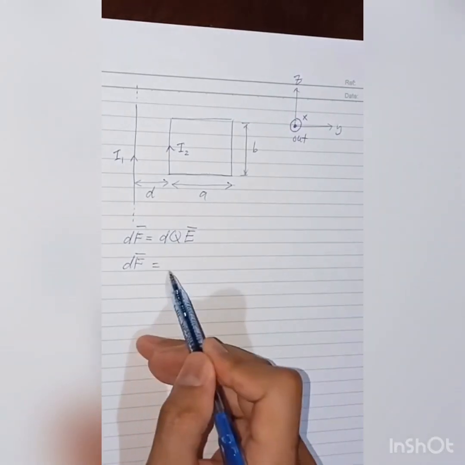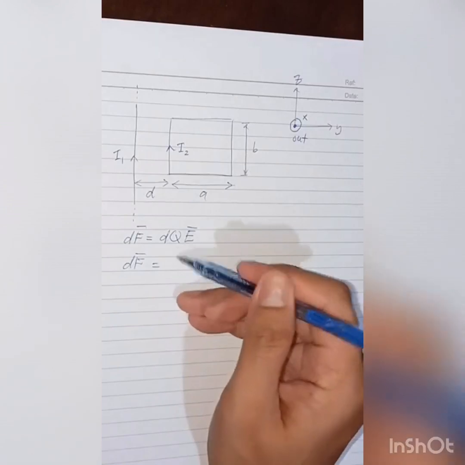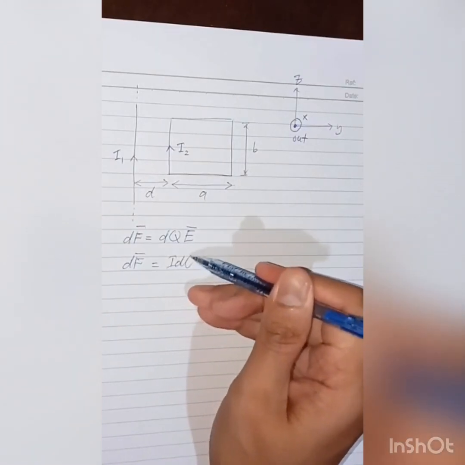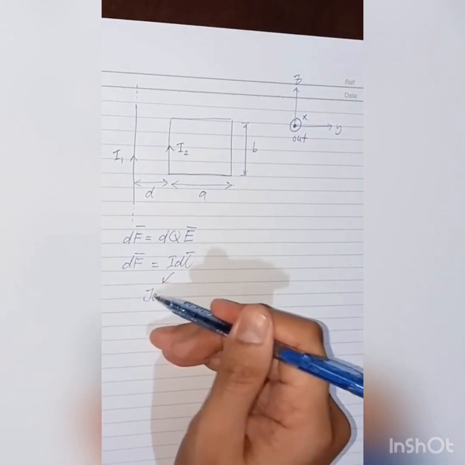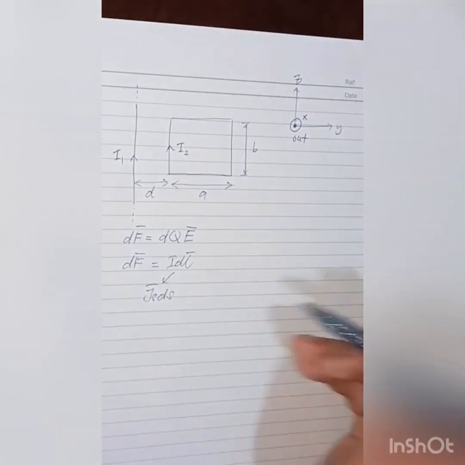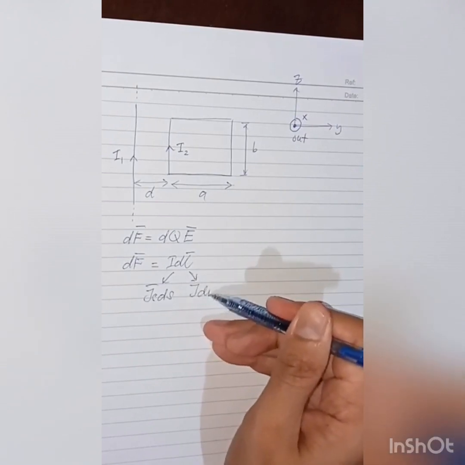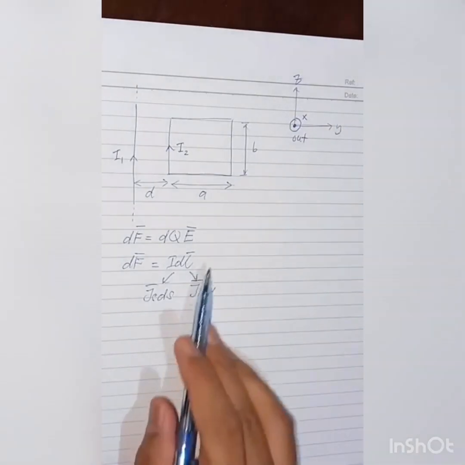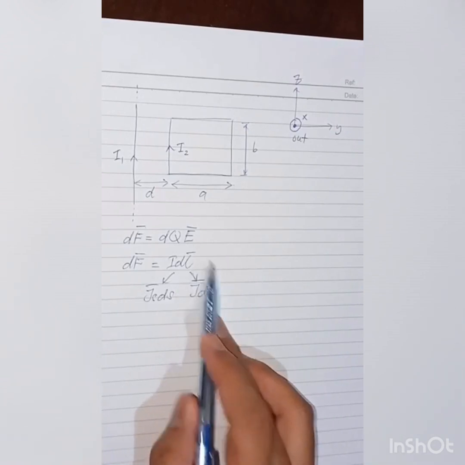Now in this case we should take a sample or element of current, let's say I dL, right? It also could be J dS, or J dV. That's our current element. Now we should have the next one over here.